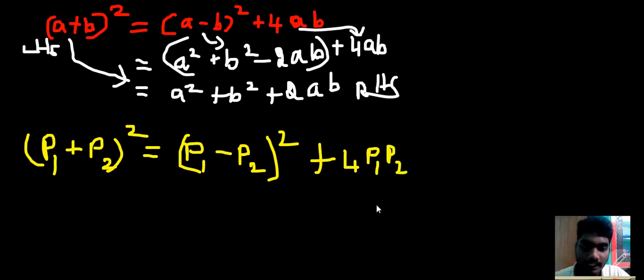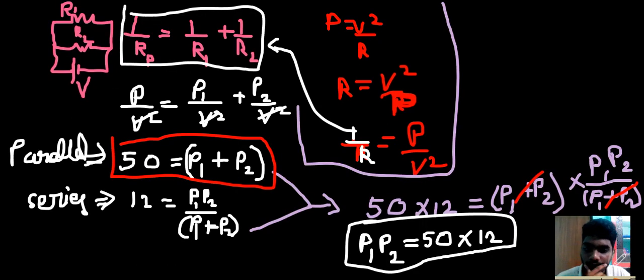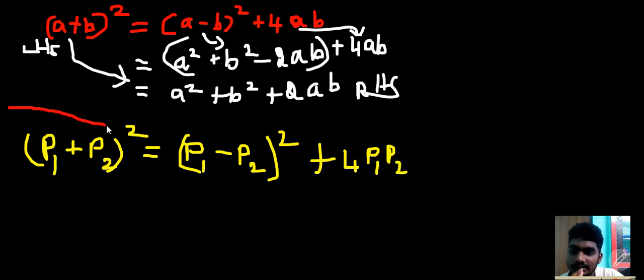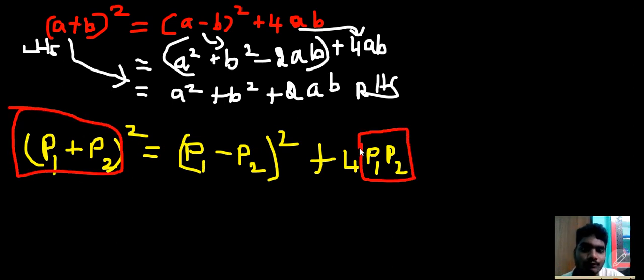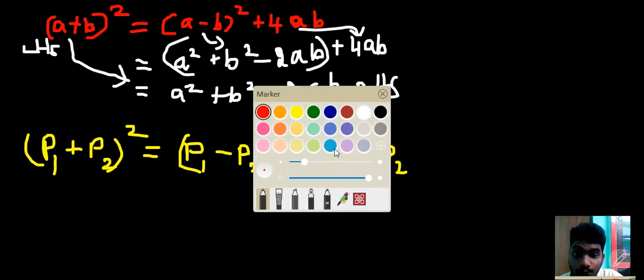We know the values of p1 plus p2 and p1 p2. We know this value, and we know this value. So we need to find this value, right? From this you can understand what I am trying to do here.